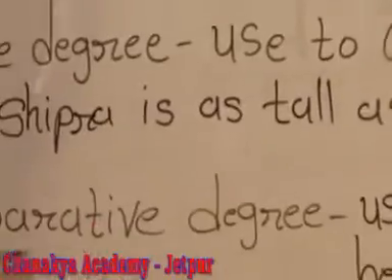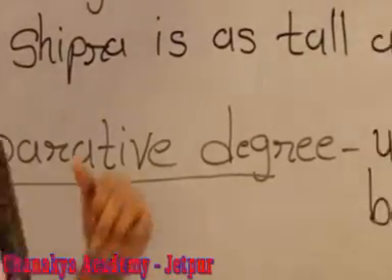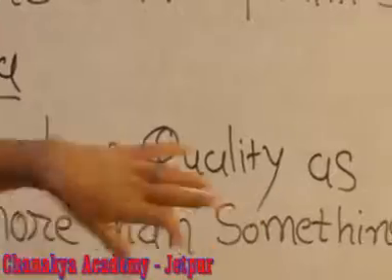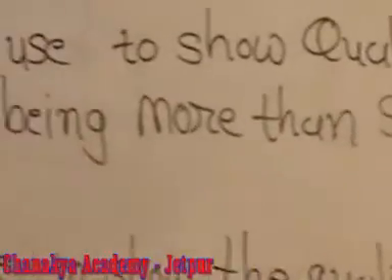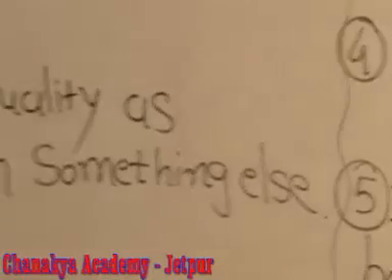Now we move to the comparative degree. When we have to show that something's quality is more than something else's, meaning there is a difference between the qualities of the subjects, then we have to use the comparative degree.